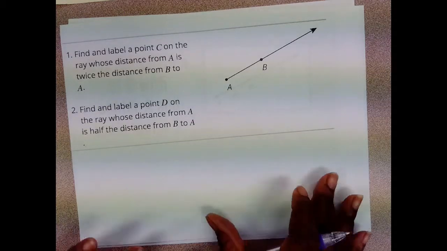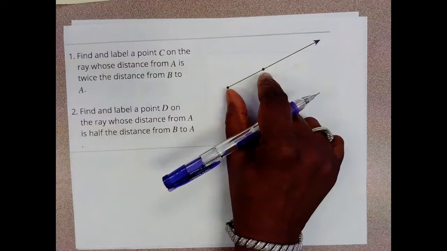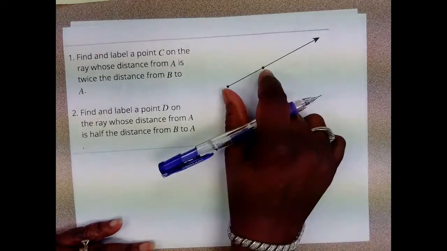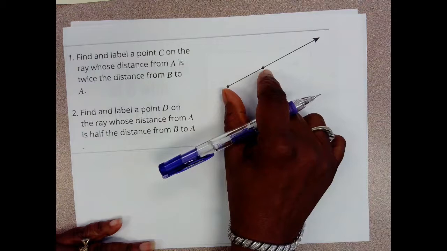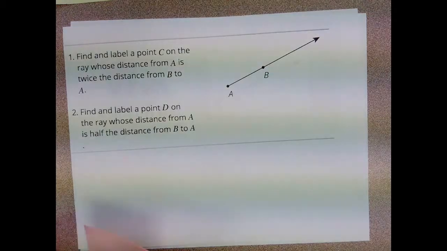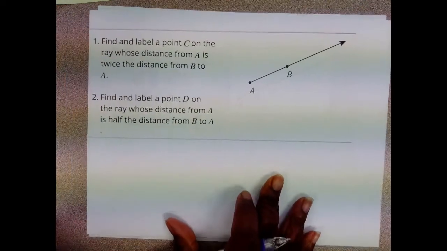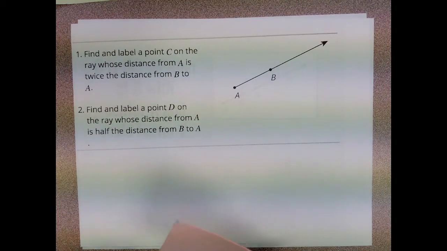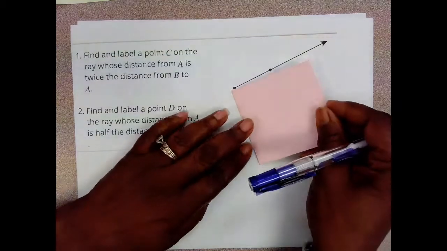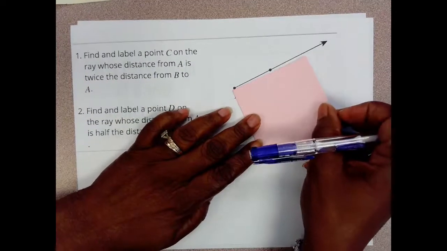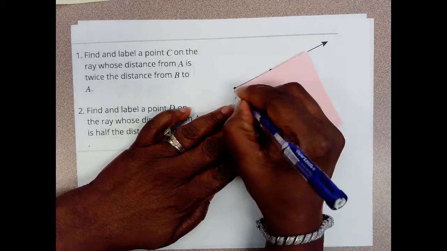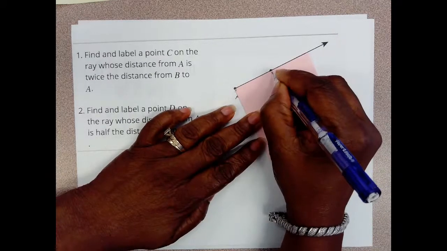So if we look at the distance here from A and B, whatever this measurement is here, I want to double it. I could measure it with a ruler, or I could just use some paper and do some markings. For the sake of time, I'm just going to use my paper, make a mark here and make a mark here.